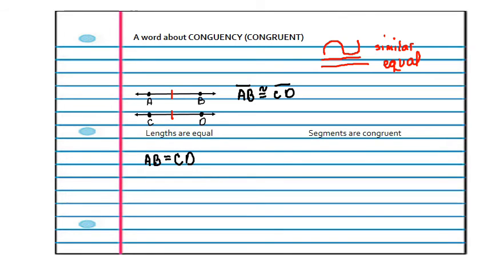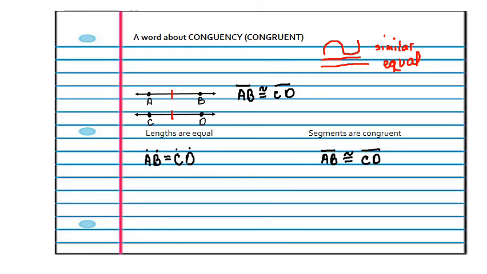I'm not exactly all that picky or particular about that, as long as I just know I'm going from A to B, and there's an equality happening from C to D. When you want to say segments are congruent to each other, you're going to put the little segment sign over it, write the little congruency symbol, and then CD. And that's really about the only difference here.